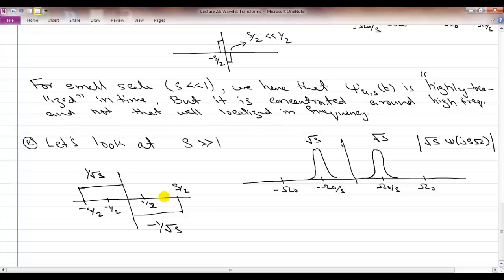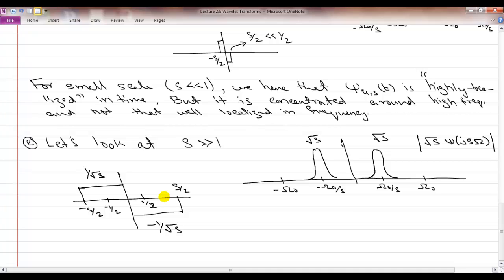Right now, I'm just talking about the properties of these time shifted and scaled versions of your mother wavelet. We haven't defined the wavelet transform per se, but that should give you a sense of where we are going with it. Effectively, each of these time and scale shifted versions is going to do some local time analysis and local frequency analysis.